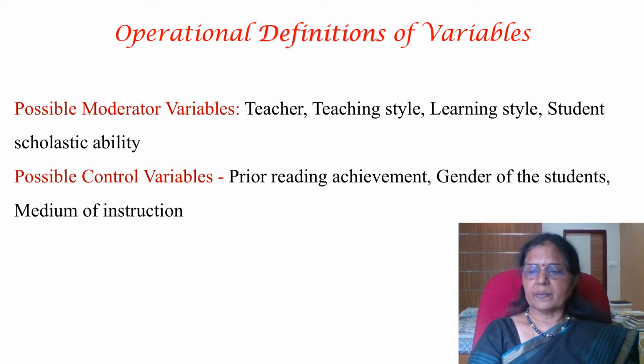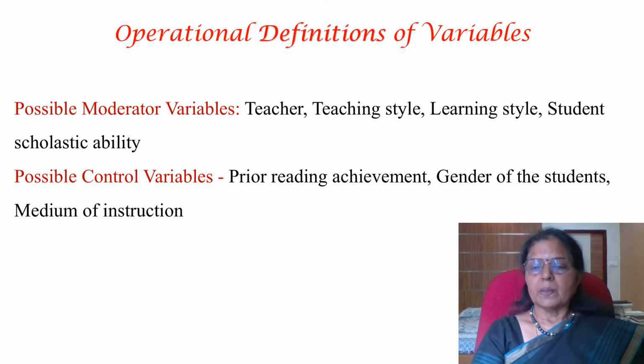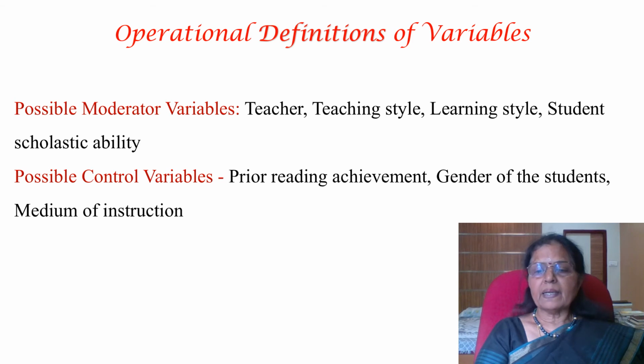Definitely, this moderator variable can have influence on the DV along with the IV, the independent variable. But we cannot study their effect separately. Only their interacting effect can be studied.